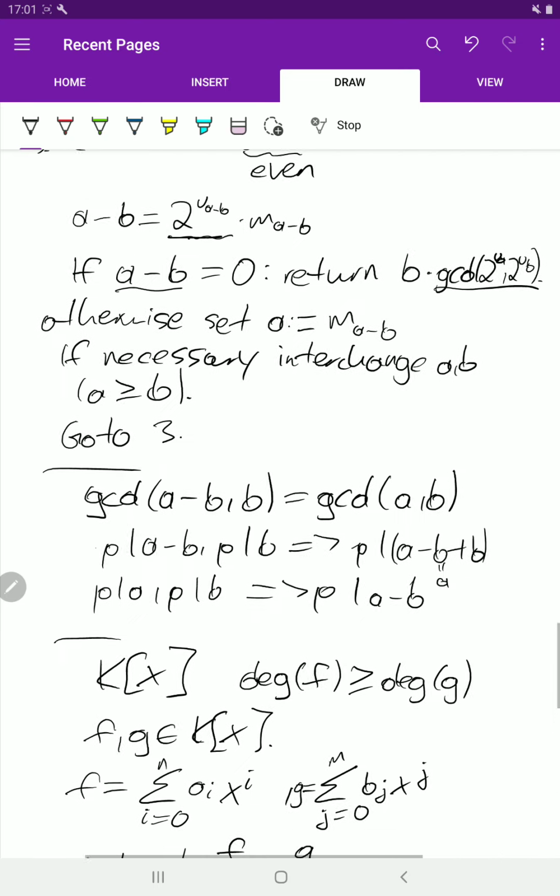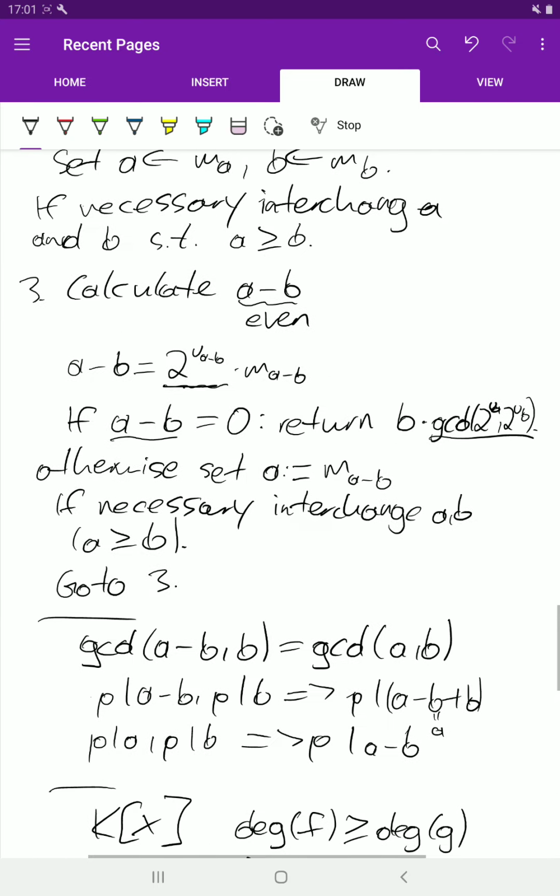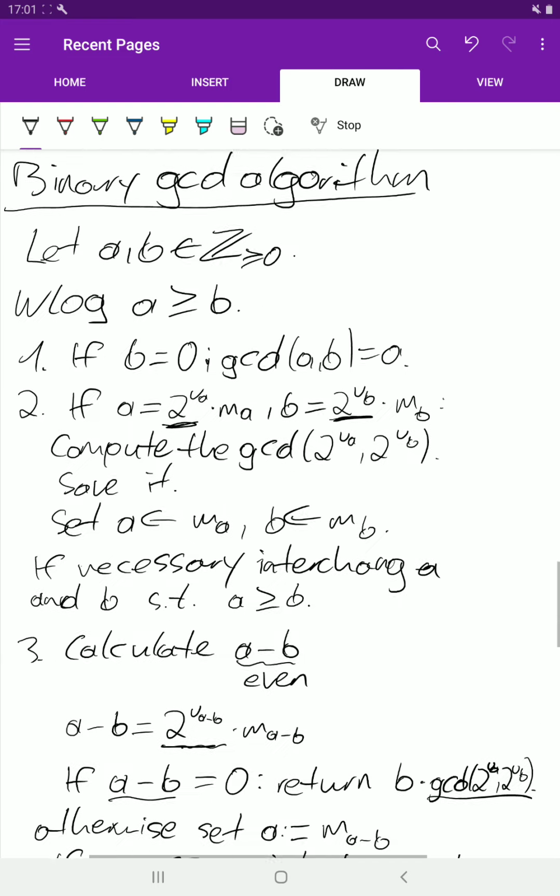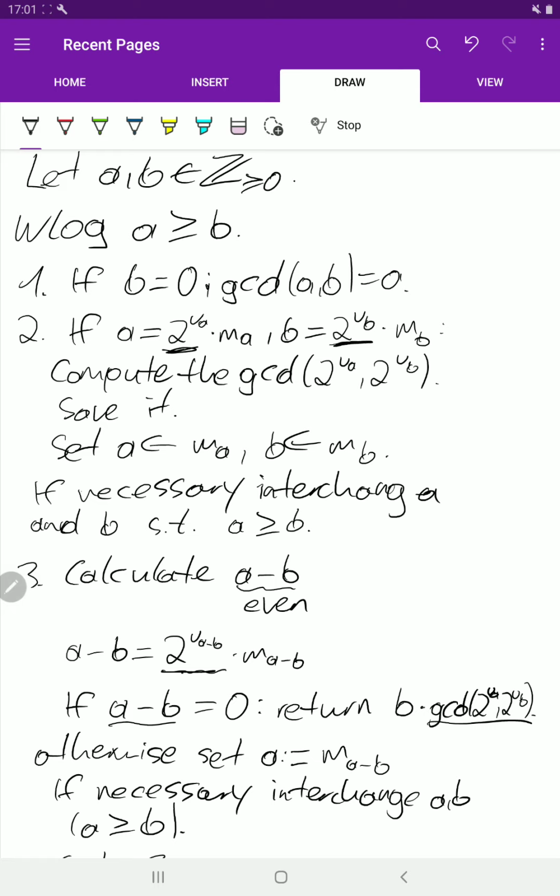So instead of dividing by 2, we divide by all numbers between 2 and p as often as possible. That's in the beginning. And we save these. We calculate the GCD by any means we have. If p is small, that's no big problem. So we calculate it.